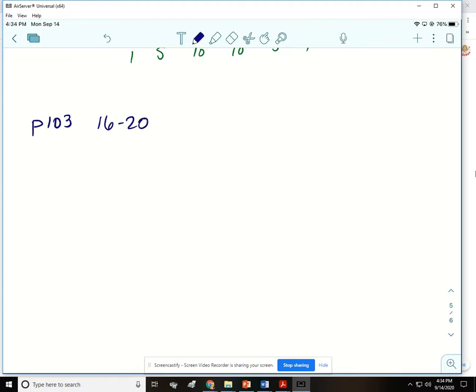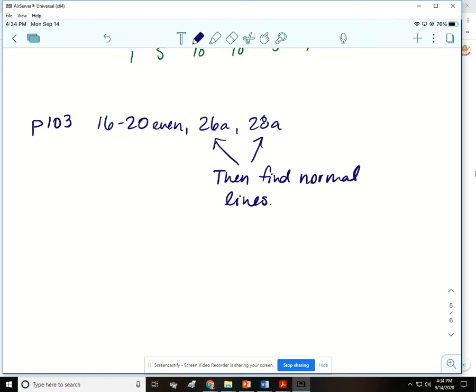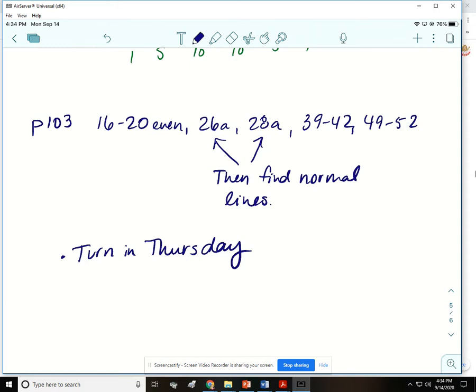So I want you to do 16 through 20 even, and then on 26 and 28, I want you to just do the A part, and then I want you to go back and find the normal lines. Alright, and then I want you to do 39 through 42 and 49 through 52. Alright, and then I'm not going to check this until Thursday. So I'm giving you some extra time because it's super, super important that you guys get this done.